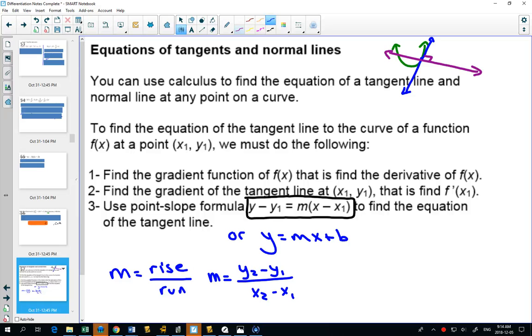What if I rewrote my slope formula so I didn't have any fractions? What would I have to multiply by? x2 minus x1, right? So then I would get this, which is just my slope formula rewritten.